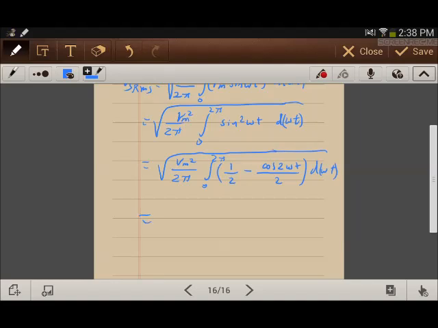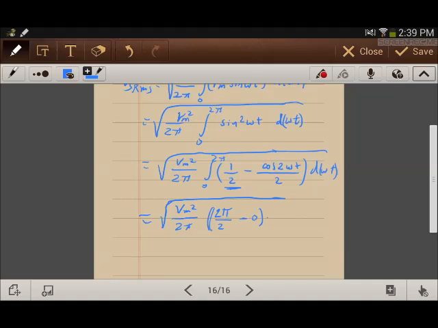So now I can get V maximum square over 2 pi. I will have half multiplied by 2 pi, so it's like 2 pi over 2, minus 0 for the first part.